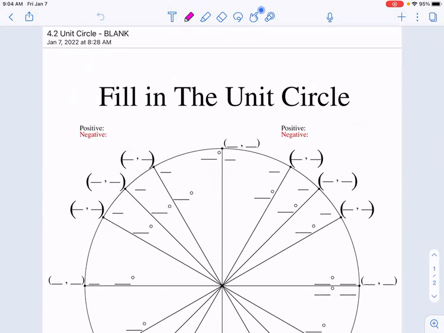Okay, let's talk about why it is called a unit circle. Specifically, if I just talk about a unit as opposed to units, unit would imply how many? One. Okay, so our unit circle has radius of 1. So let's talk about that.